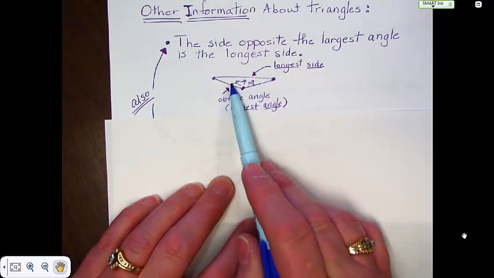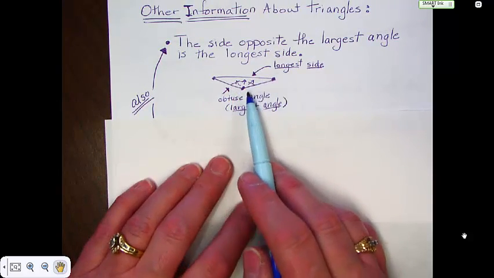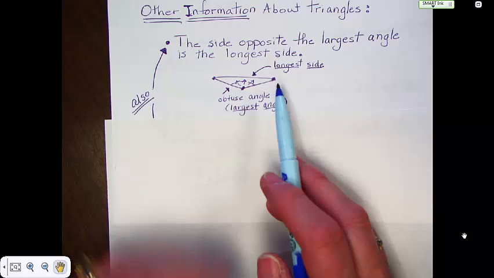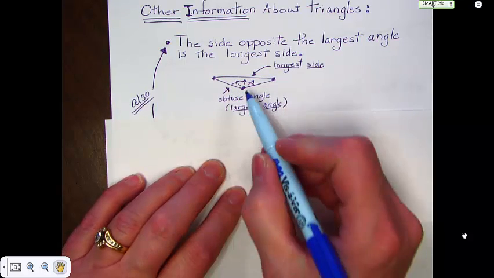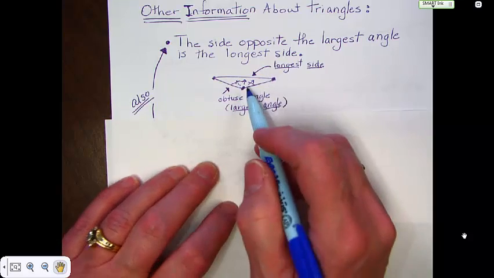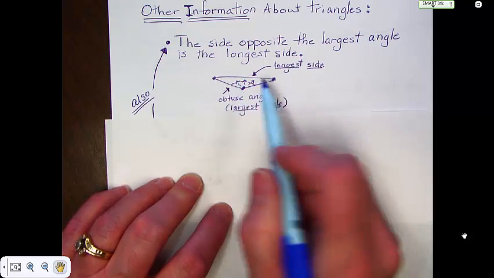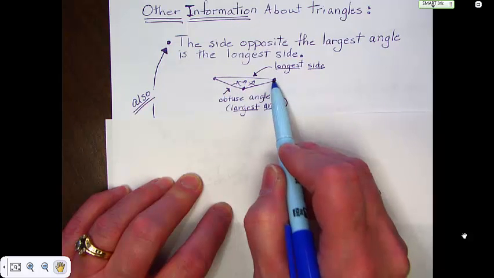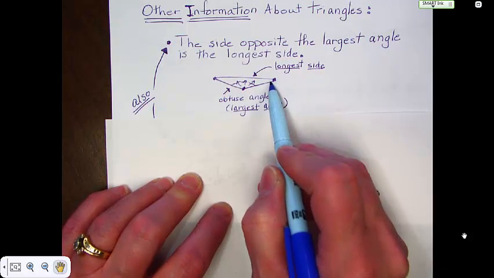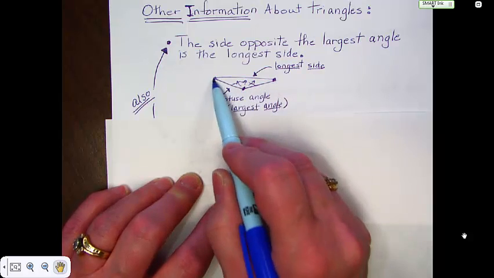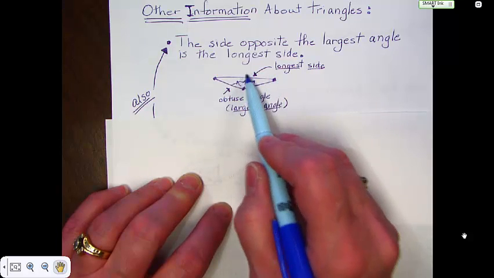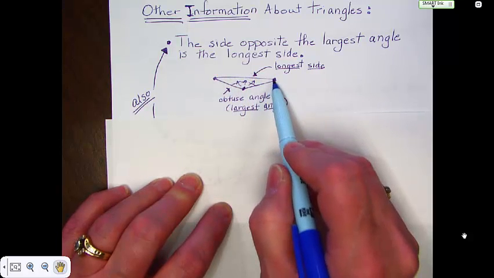Notice this is a humongous angle. If you think of these as legs and you were doing the splits and split your legs that far apart, the distance between them would be a lot farther than the length of each of your legs. So this side here would end up being the longest side.